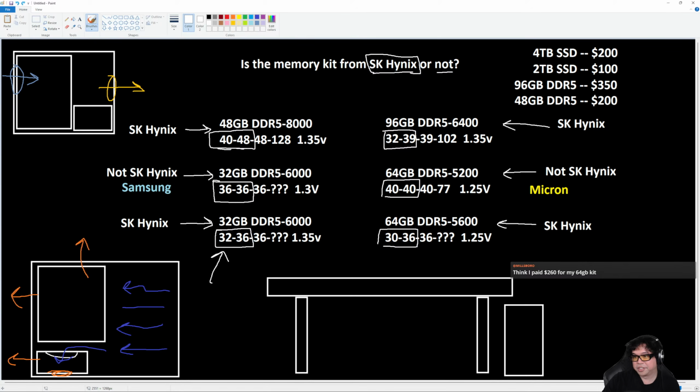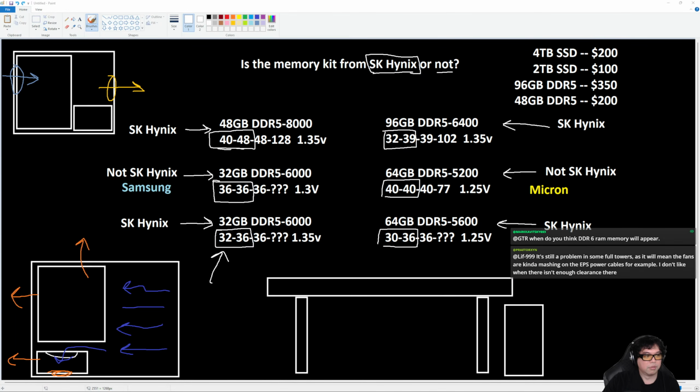So anyway, was there anything else I wanted to discuss on the computer hardware? We looked at that Intel GPU, which is kind of interesting. Arrow Lake.